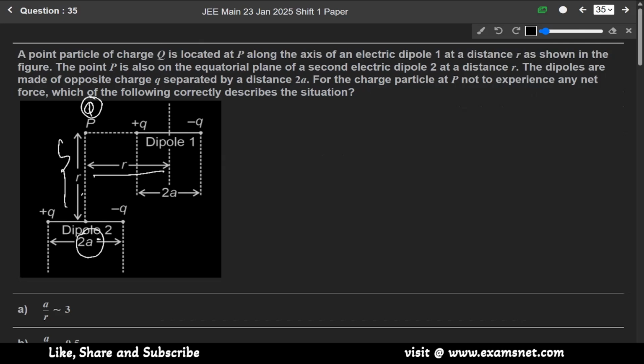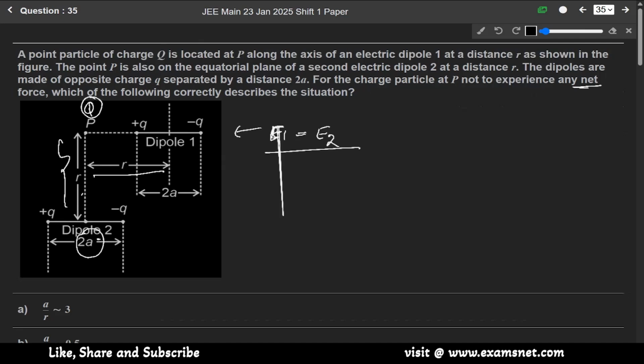For the charged particle at P to experience no net force, it means this E1 due to this will be equal to E2. Now, which of the following correctly describes the situation? No net force means the electric field due to this one will be equal to E2 because of this one.